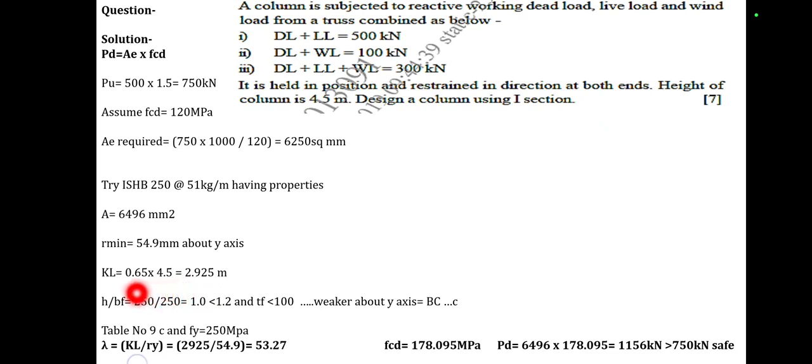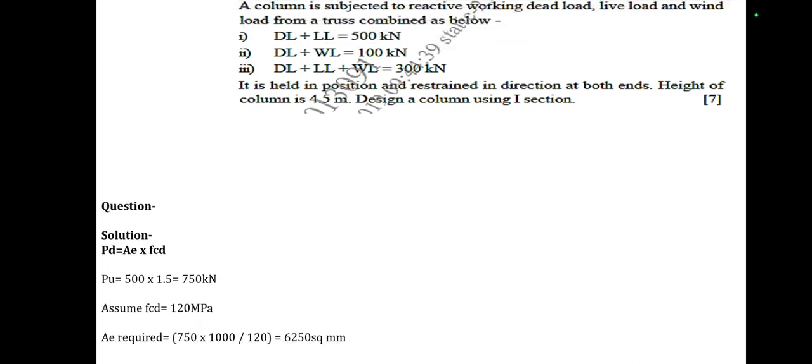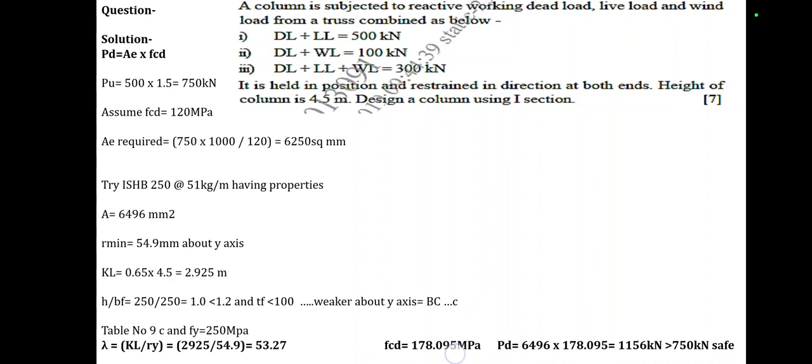Therefore our value of lambda is equal to KL upon R minimum, means 2925 upon R minimum 54.9 mm. Here we are converting this KL into mm, as our value of R minimum is in mm. Then from this we get the value of our FCD, and this value we get from table number 9C.